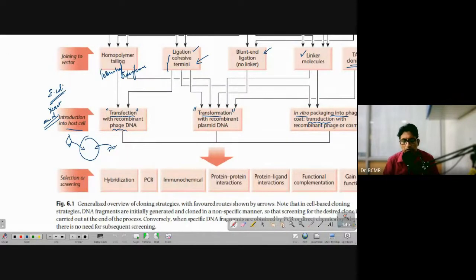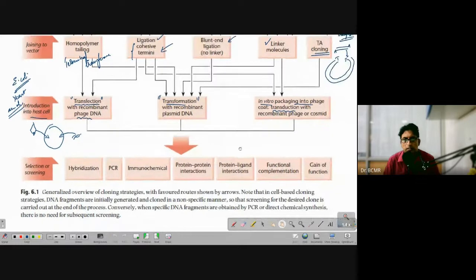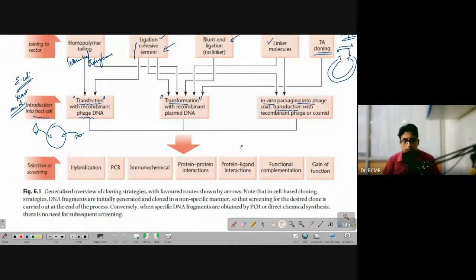And coming back to this slide where we are trying to summarize different strategies. We already have a good introduction to the majority of these selection and screening strategies, and before going ahead, it's good to revisit them. For selection and screening, we use several techniques, and one of them is hybridization. In this context, it means hydrogen bond formation between complementary sequences.